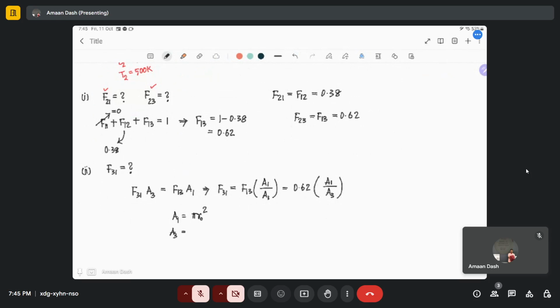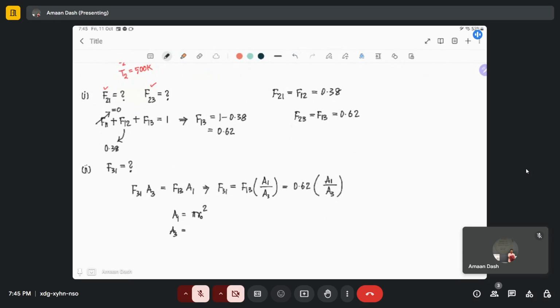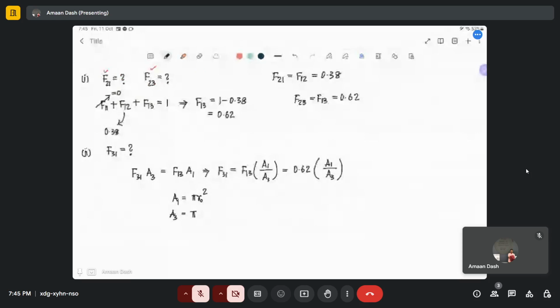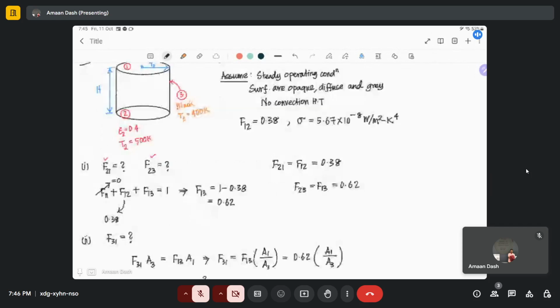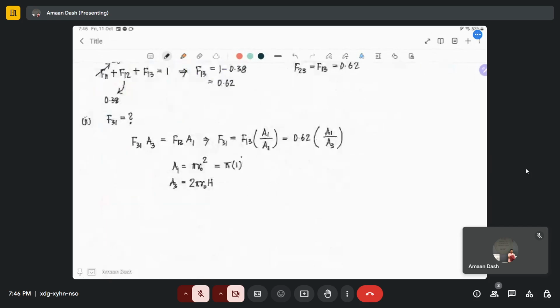So F2 to 3 is 0.62. So F2 to 3 is also done.